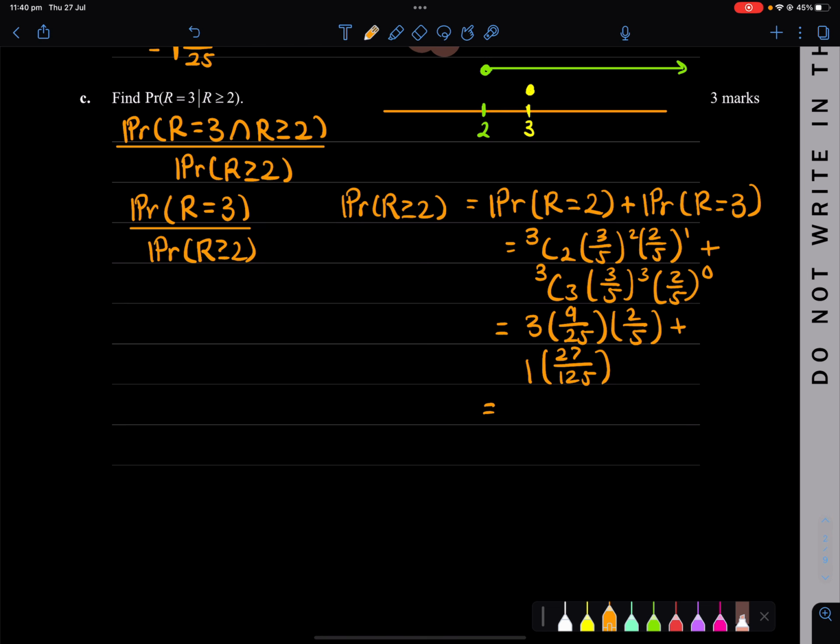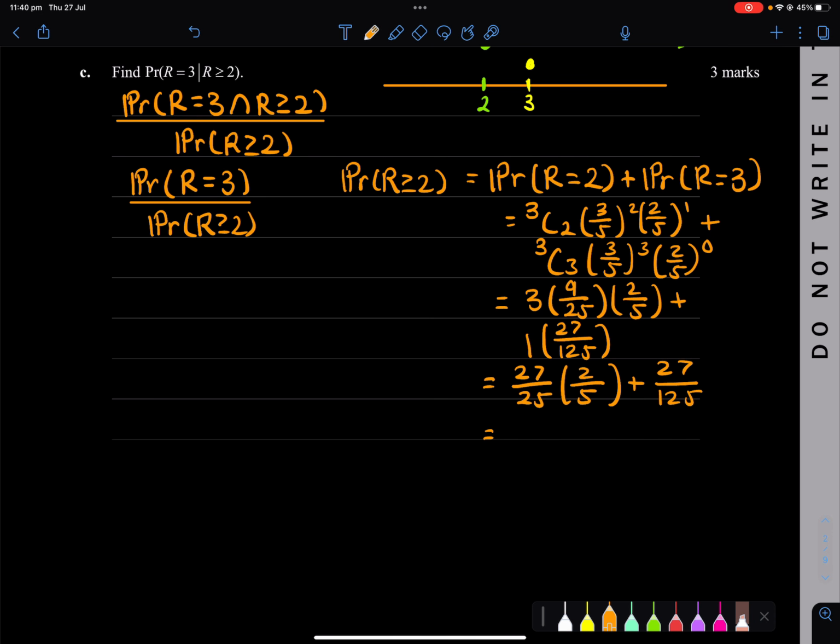Therefore it equals 9 times 9, 18, 27, so it's 27 over 25 times 2 over 5, plus 27 over 125.